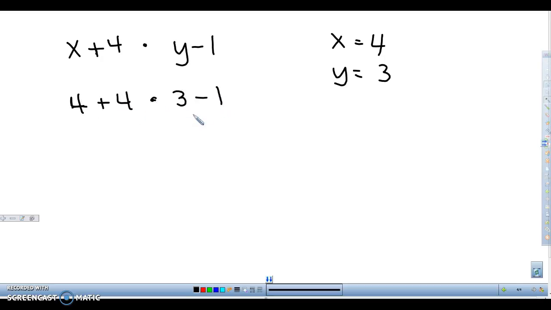With PEMDAS, I don't have parentheses, so my first operation to do is multiplication. So I have 4 plus 4 times 3, which is 12, minus 1. 4 plus 12 is 16, minus 1 is 15. 15 was not the answer we got last time when we had the parentheses. So keep in mind that those are very, very different.